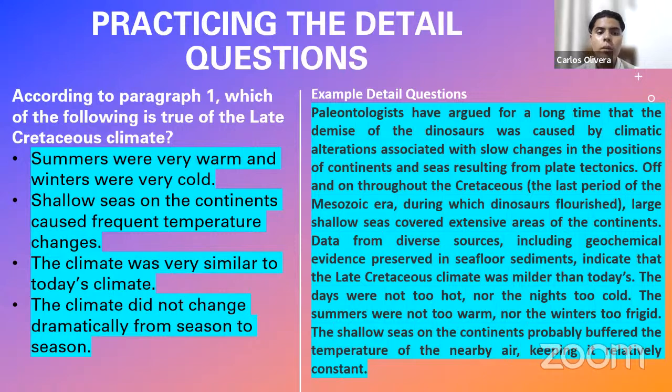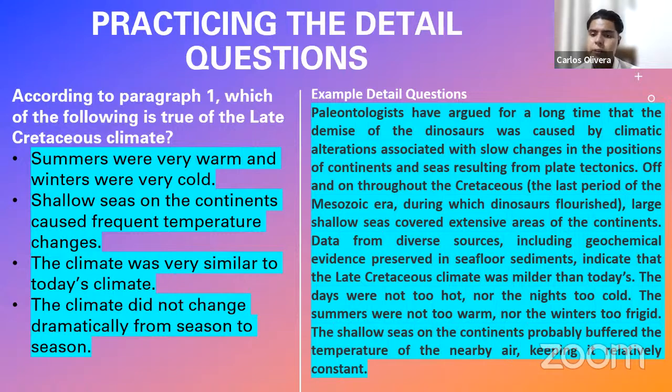So I repeat, according to paragraph 1, which of the following is true of the late Cretaceous climate? The question is basically, what does the passage say about the Cretaceous climate? Let us read the passage together. It says, paleontologists have argued for a long time that the demise of the dinosaurs was caused by climatic alterations associated with the slow changes in the positions of continents and seas, resulting from plate tectonics.